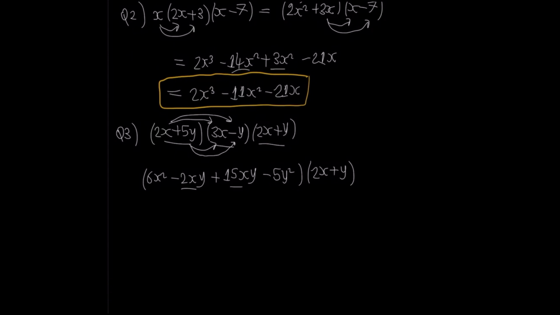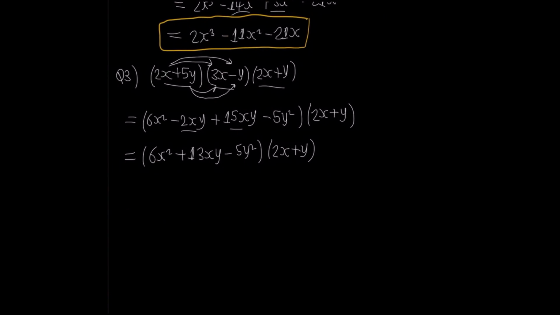So we can combine these two here to get slightly more simple 6x squared plus 13xy minus 5y squared times 2x plus y, and obviously these are equal. Now, we have a slightly more complicated expression here, but the same rules apply.